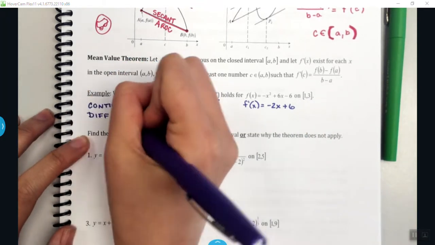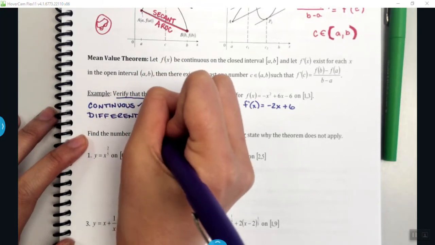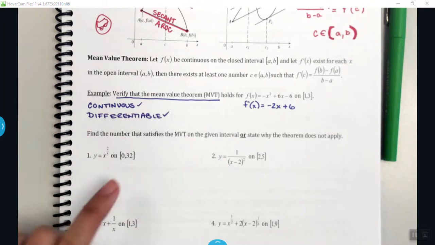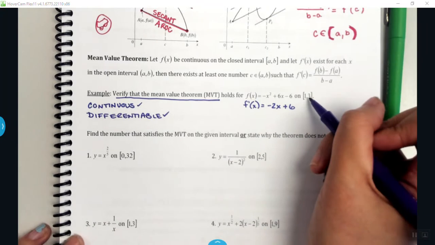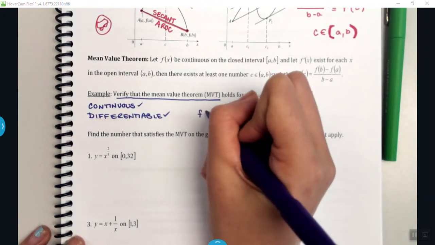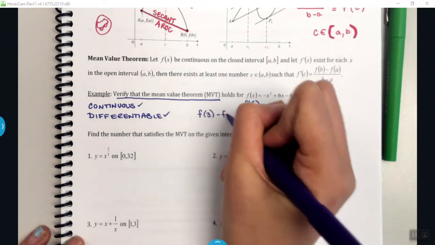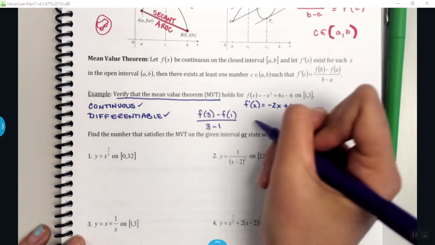If you're doing free response, you want to say both, and you can abbreviate. You can just say cont check, diff check. And then we find our average rate of change, AROC. That's f of 3 minus f of 1 over 3 minus 1.